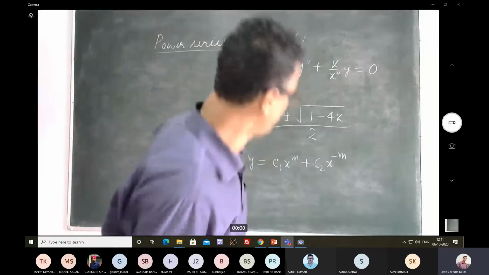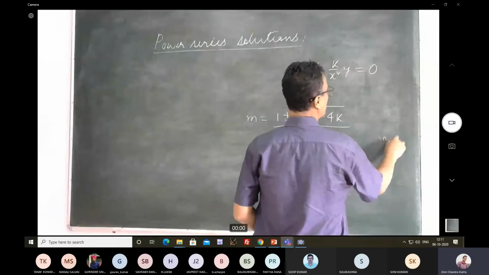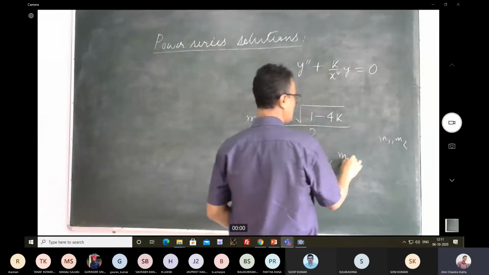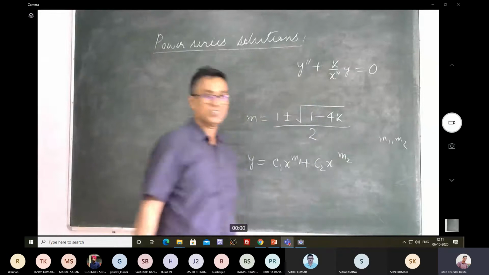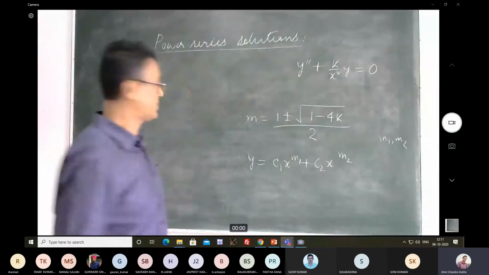I made a mistake here. It is not m and minus m. If the roots are m1 and m2, then the solution is going to be something like this. Please correct that.